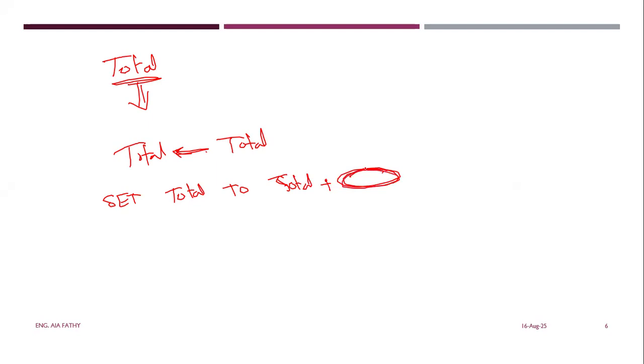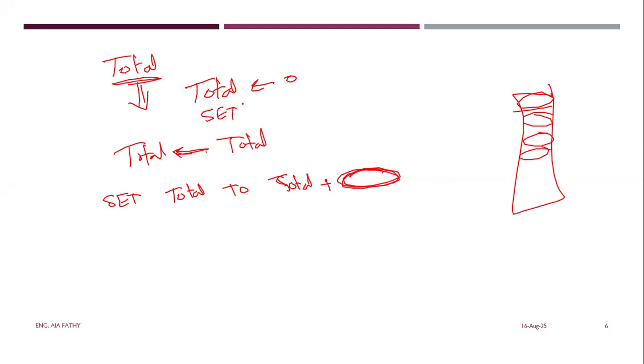Sometimes the number will be num, or number, or it will be in an array. So you will choose which one you will add, okay? And we said before in our programming concepts that you have to initialize total with 0, or write set total to 0, okay? This is the totaling which we explained before.